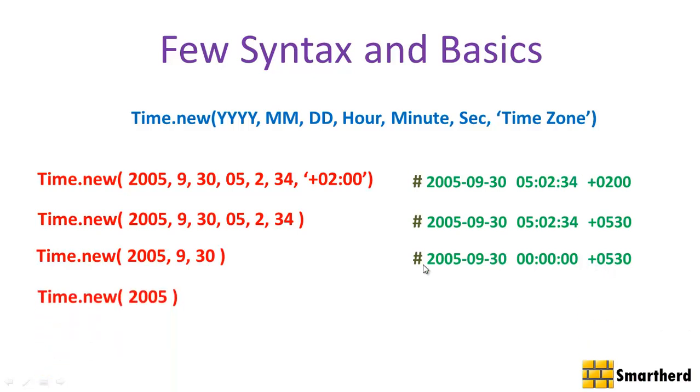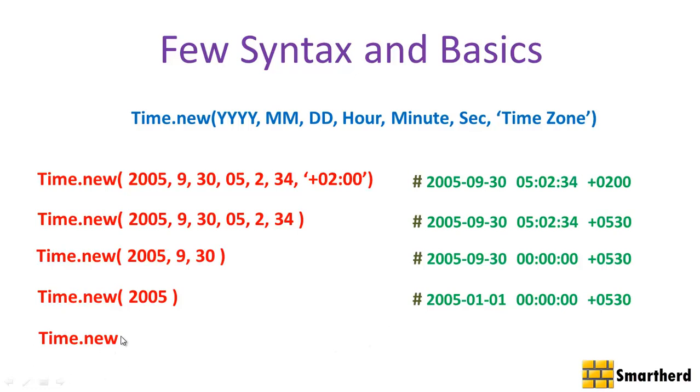Now let's see our fourth one. Suppose we initialize like this: Time.new 2005. So it is going to create an object like this, 2005, 1st January, and time as usual 00:00:00 hour, minute and seconds, and this is your present location. Now suppose we just write Time.new, then what will be the output?